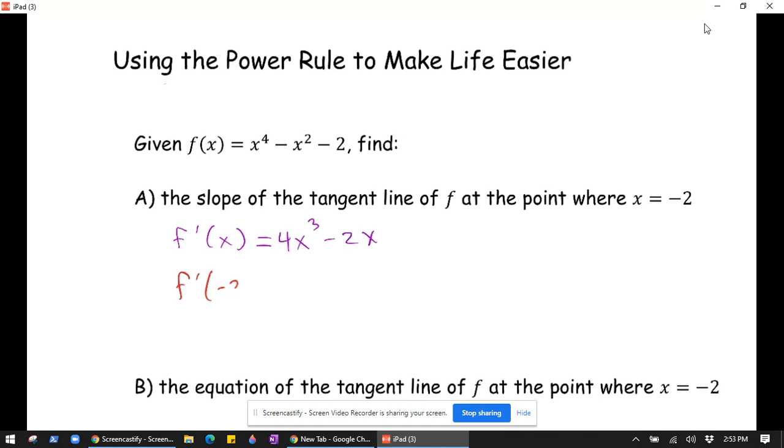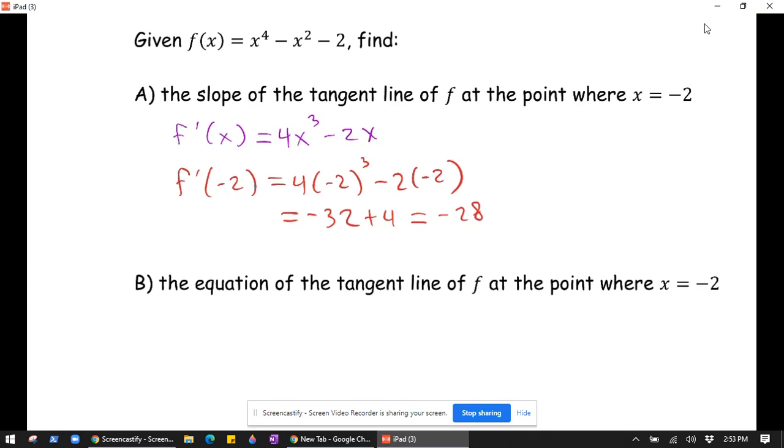So f prime of -2 is 4 times (-2) cubed minus 2 times -2. (-2) cubed is -8. -8 times 4 is -32, and this becomes a plus 4, so I get -28. Okay, so the slope of the tangent line, again, is the derivative of the function at that x value.